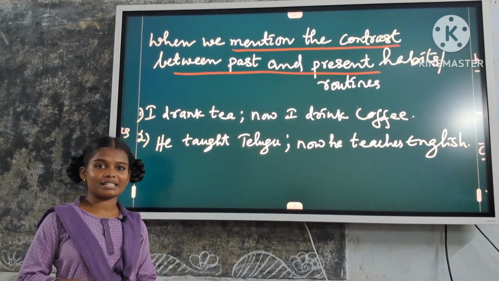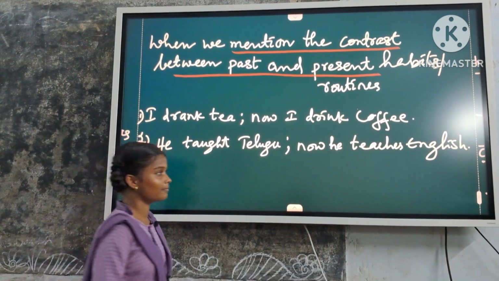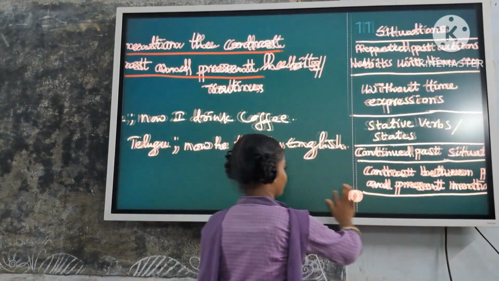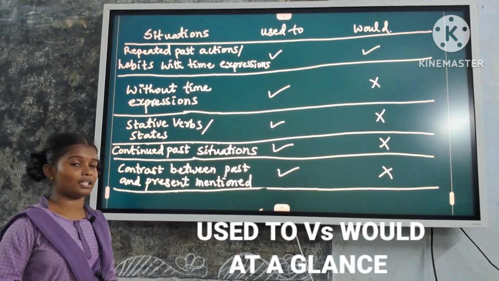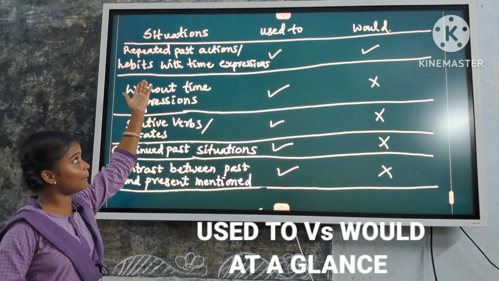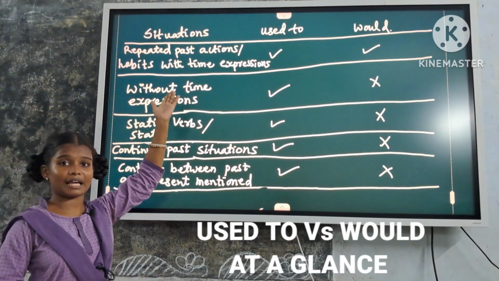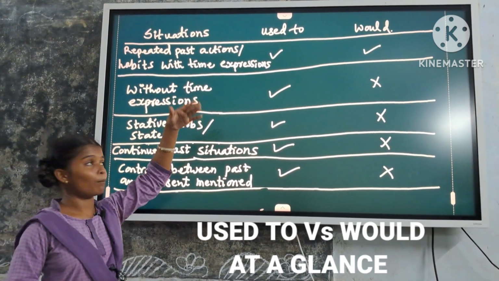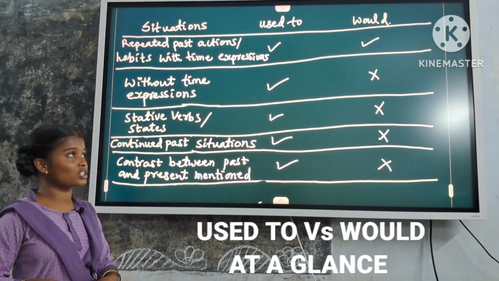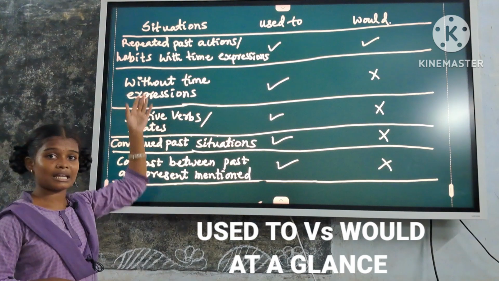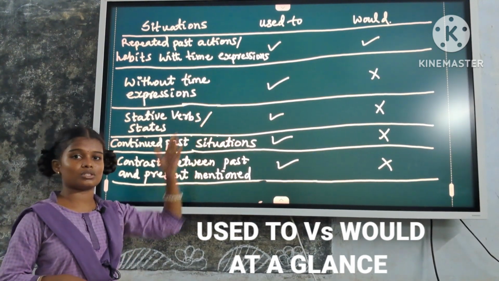Now differences between used to and would at a glance. First situation, for repeated past actions and past habits with time expressions, we use both used to and would. But for repeated actions and past habits without time expressions, we use only used to.